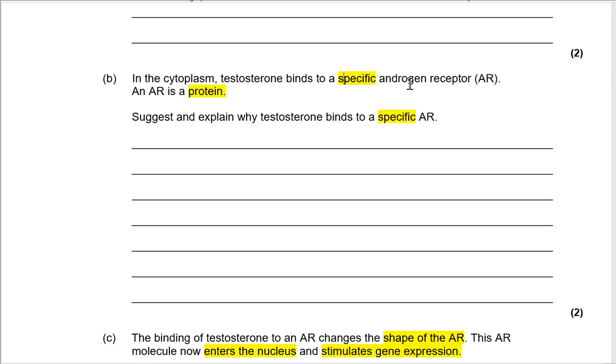Androgen receptor is my first time hearing this, so I'm thinking what that is. It's a protein. All they're asking you is to use the concept of similar things, complementary shapes binding to each other. So what could you say?